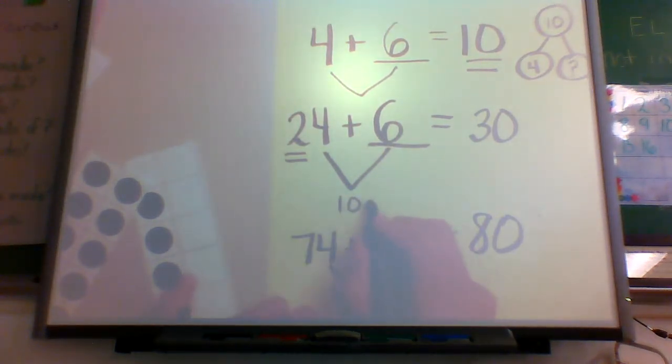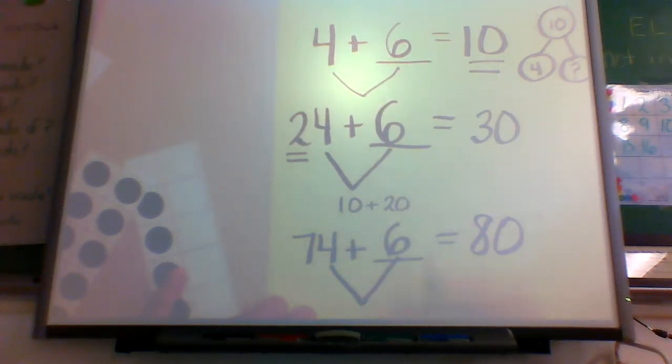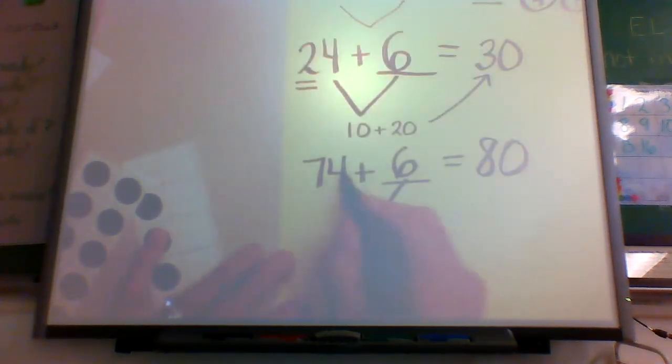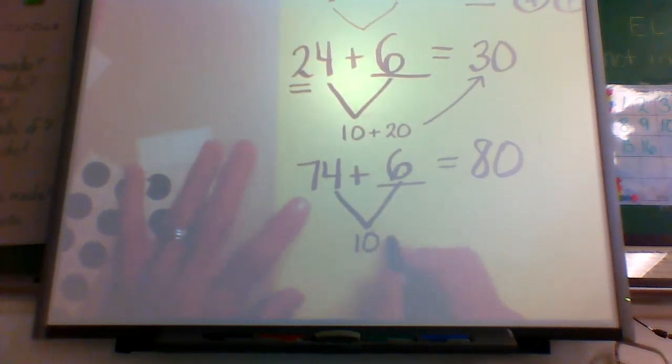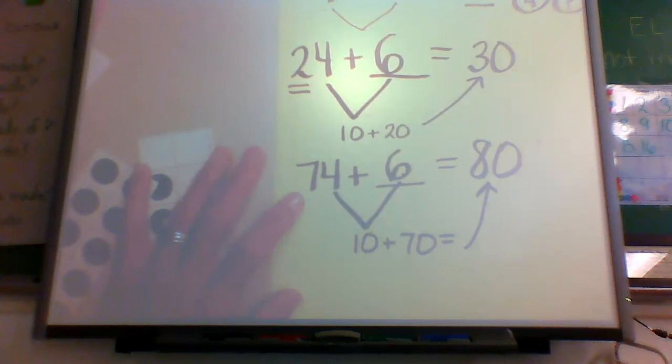So now I'm going to add 10 plus 20, and that gives me 30. Try this one. 4 plus 6, well, we know that's 10, but I still have 70 here. Not 7, but 70. So 10 plus 70 equals, you know it, 80.